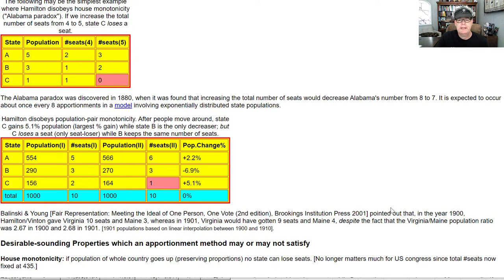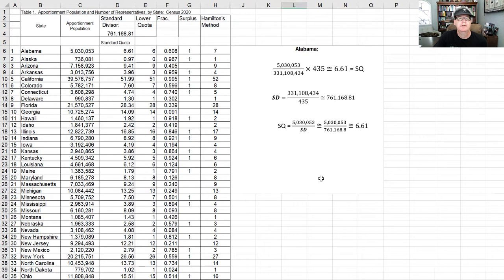One thing that Hamilton does satisfy and the divisor methods may not, although most of the useful ones will in standard populations, is that each state is going to get either its lower quota, which we've looked at, you know, that's the least it can get, and the most it can get is its upper quota.